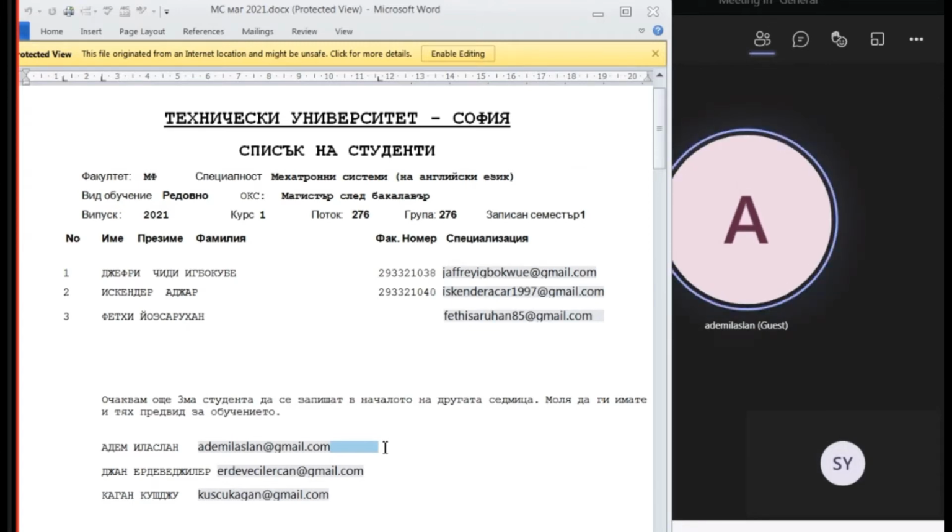But the network becomes very slow. That's why in our laboratories we have installed such illegal versions. Okay, if it works, you can send.